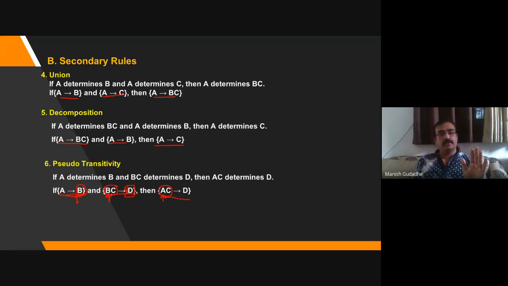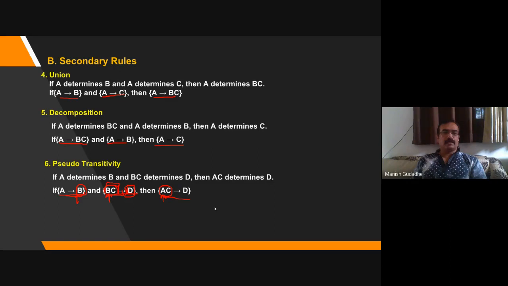So here A determines B and B is a part of a set of attributes. If A is replacing B, this you have to remember, it is a little different.